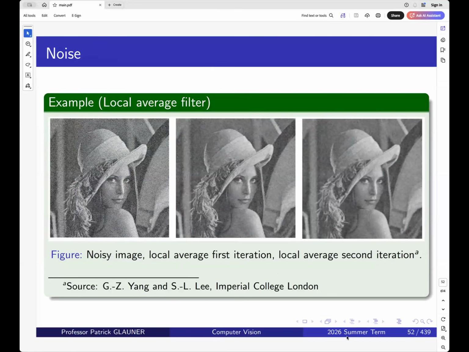Do you feel the noise is disappearing? Maybe send us your comments or thumbs up, thumbs down. Do you notice some other effect that is happening as well? We are washing out the noise, but what else is happening? It's getting more blurry.